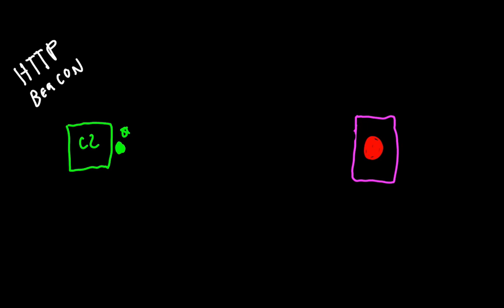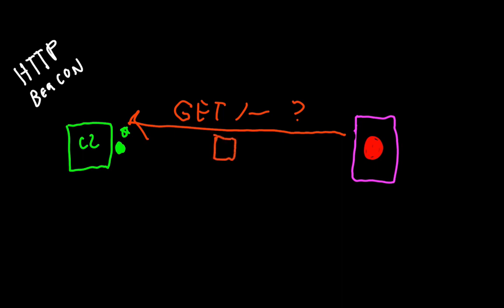Blue teams don't want you to do this, but they can't stop you. It makes an HTTP request. And in that HTTP request, it asks, do you have anything for me to do? And if the server has something for it to do, it will respond with an encrypted blob of data that contains all the tasks for the payload to execute.